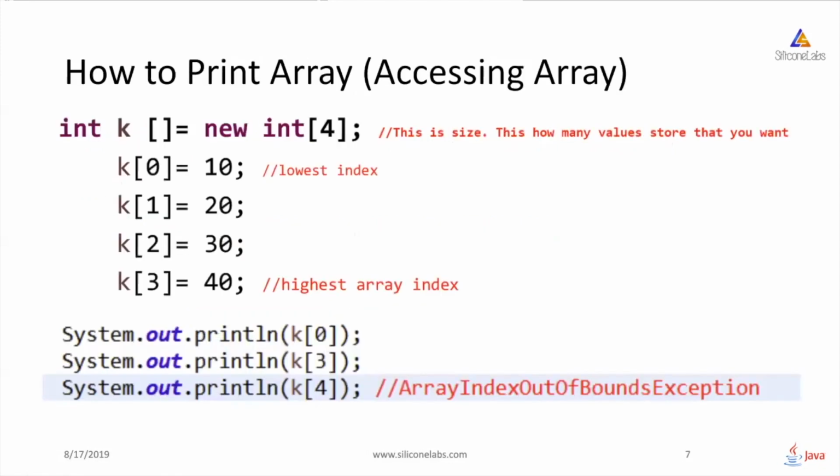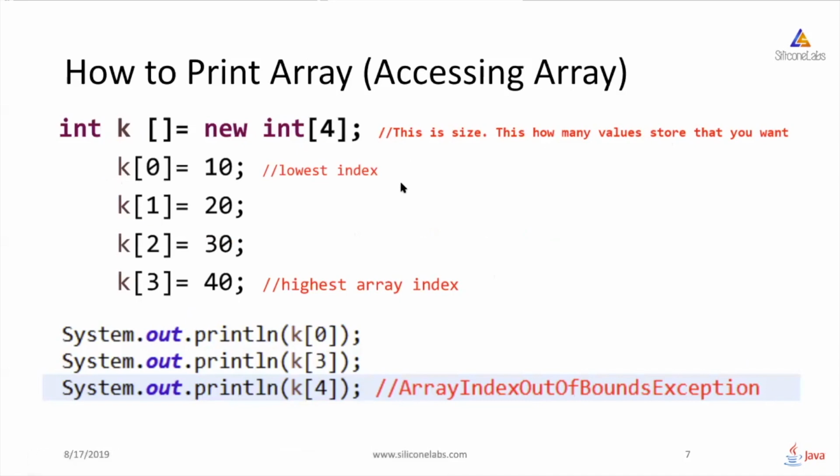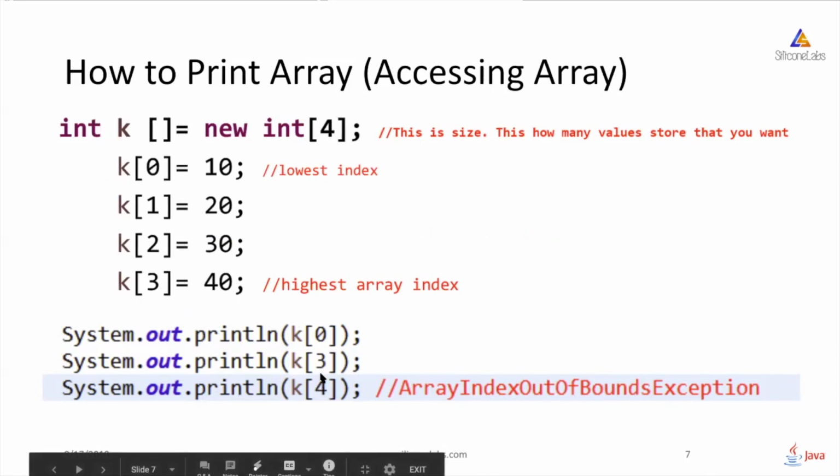Alright, so what's going to happen if I try to print out an index number which doesn't exist in my array? For example, at the bottom, as you can see, we are printing out k[0], which is going to bring me 10 as an output, and 3 is going to give me 40, but 4 doesn't exist in my array, so it's going to give me an ArrayIndexOutOfBoundsException.